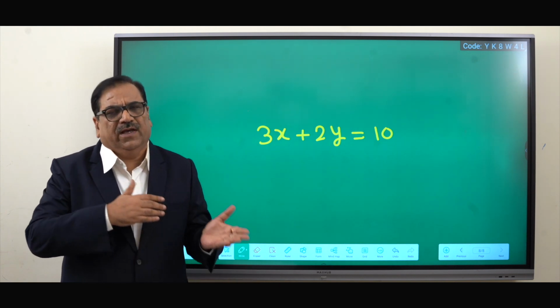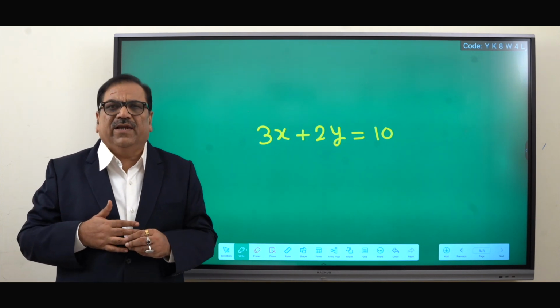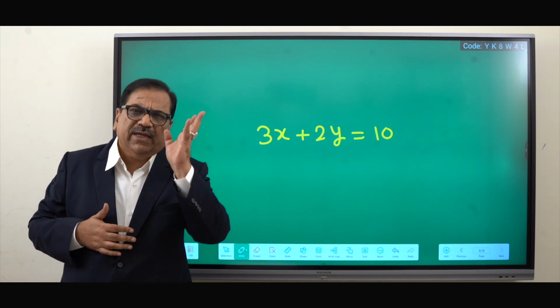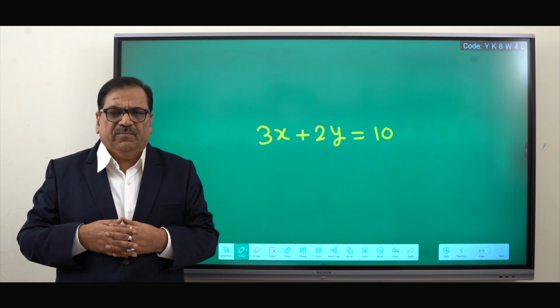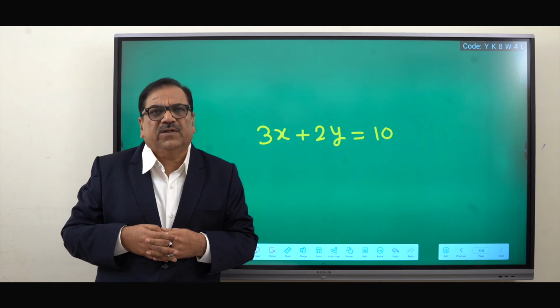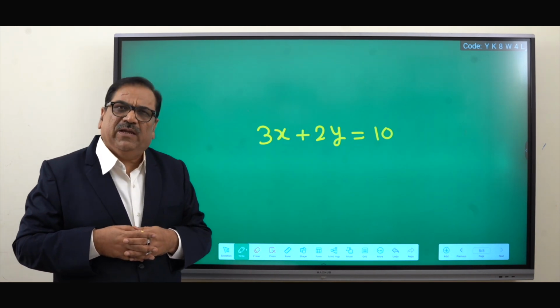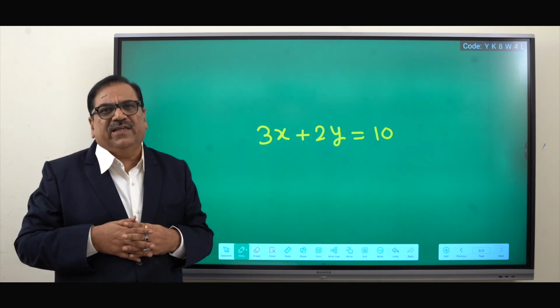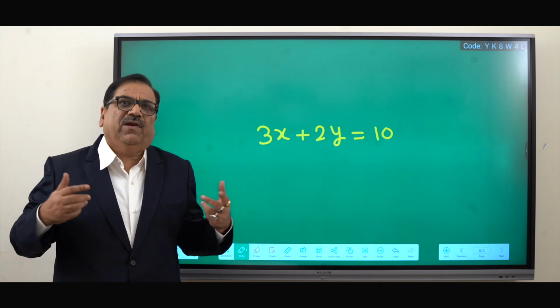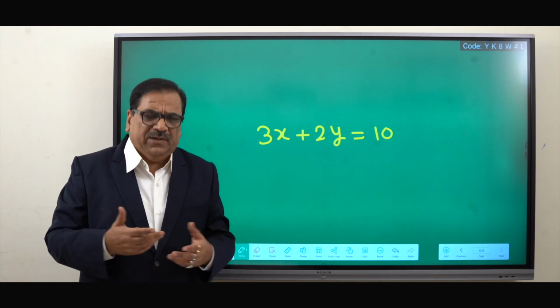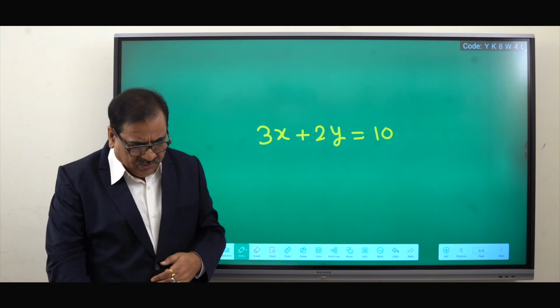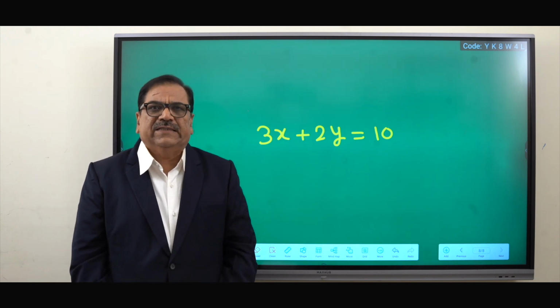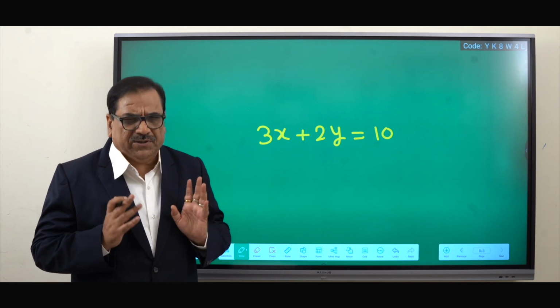Substitute that value in the other equation, and you will get the value of the second variable. Or from one equation, find the value of one variable, substitute that in the other equation, and you will get the linear equation, find the value of x. So friends, let us proceed to solve one simultaneous linear equation.